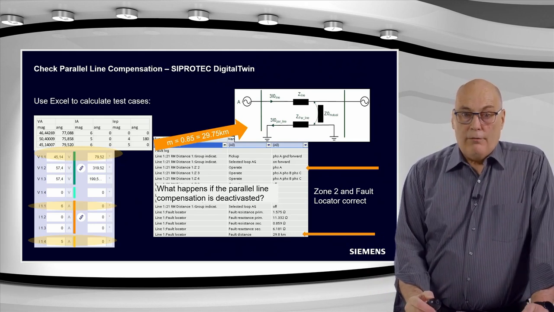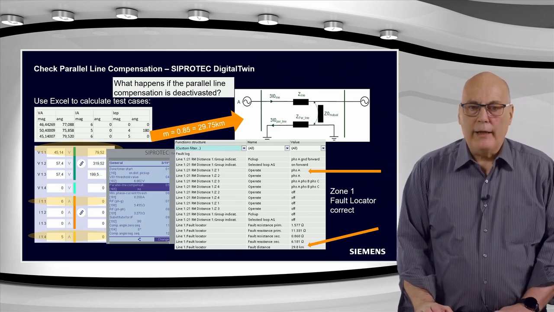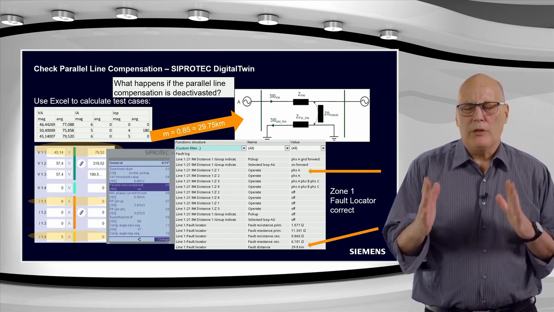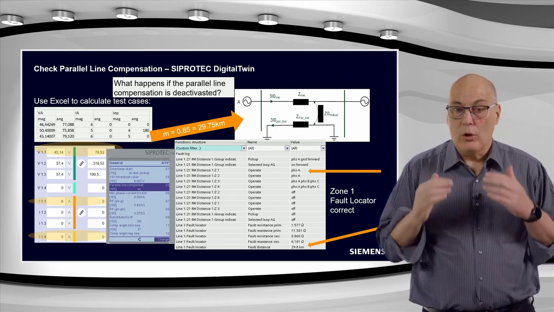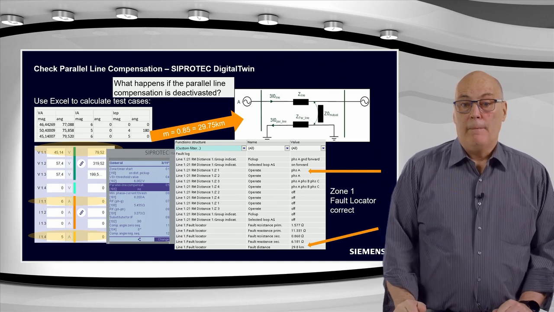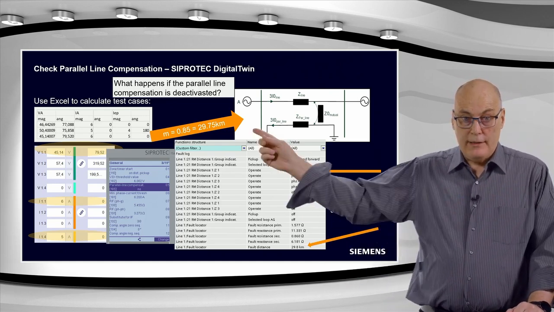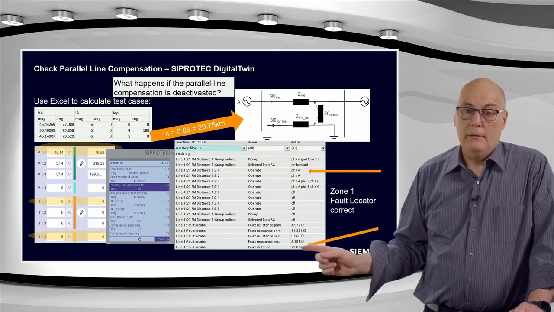What I then did as a final check quickly is to disable that. You can go into the settings, and in the settings you can switch off. Remember we saw the setting early on where I said apply mutual compensation yes or no for the distance protection. I didn't change it for the fault locator. So you can see I retested that test 3, the one at 85%, and you can see the result.